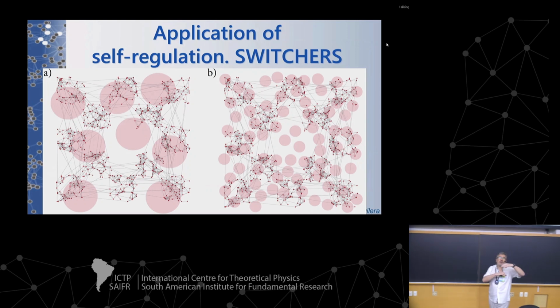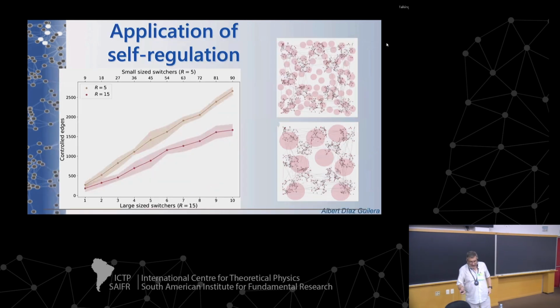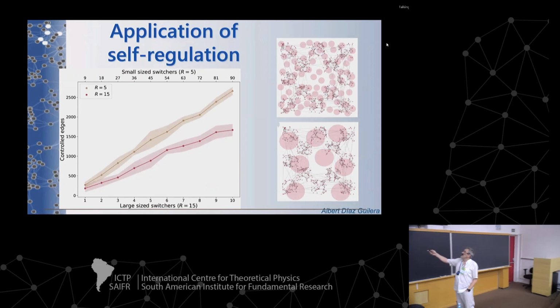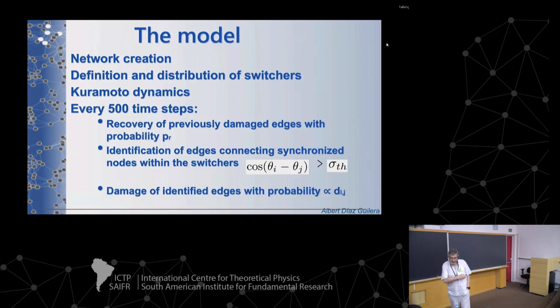Even if you cover exactly the same surface, taking smaller switchers is more efficient than taking larger switchers. That's a probabilistic problem, and this is the condition we have with the switchers, the area covered, and the edges they can manage.